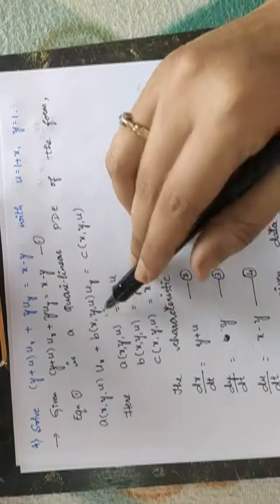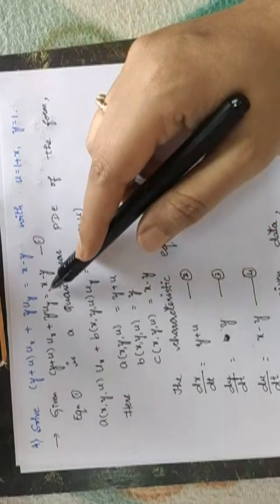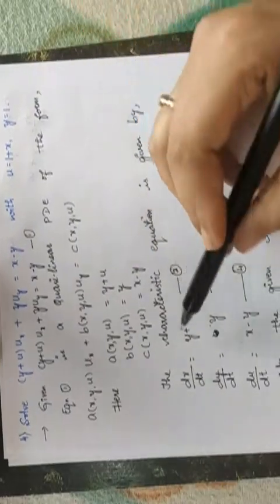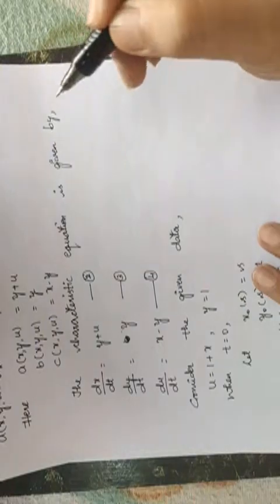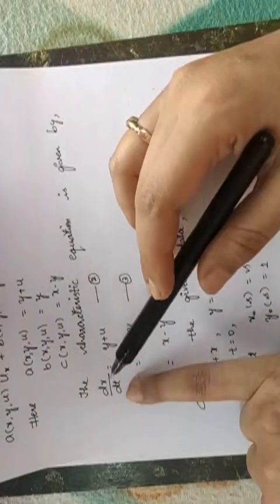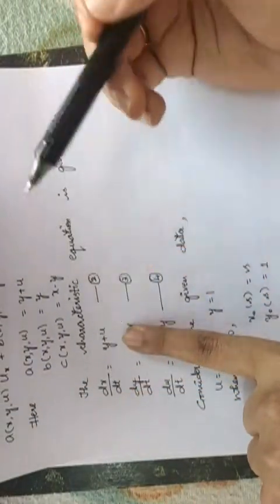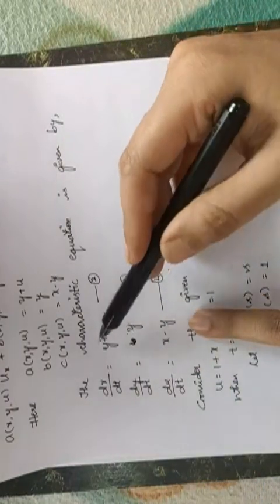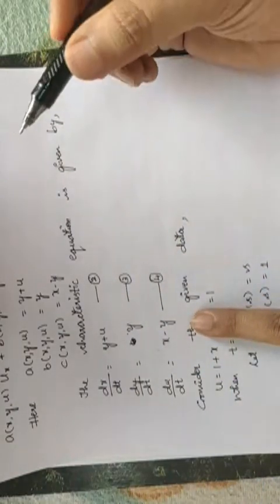This is the standard form. On comparing your given equation with the standard, you will get the a, b, c values. So I have taken the characteristic equation. Now if you observe the characteristic equation, dx by dt is depending on the value of u and du by dt is depending on the value of x and y itself, right?